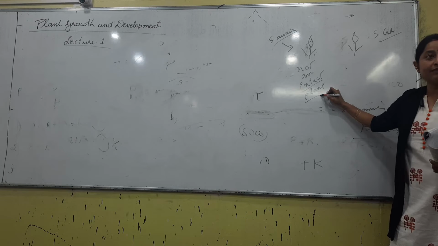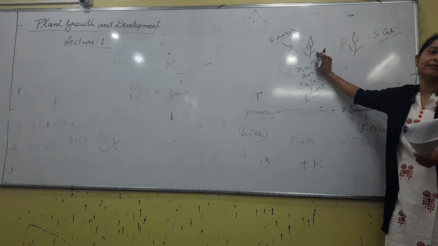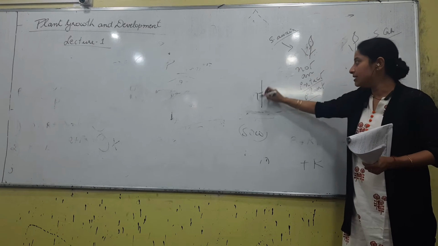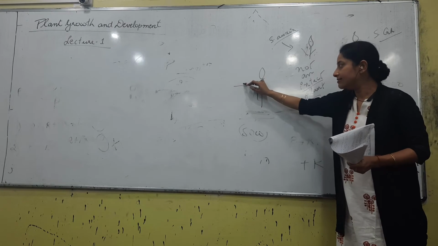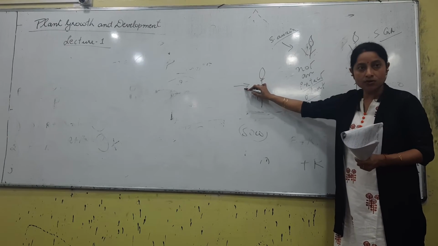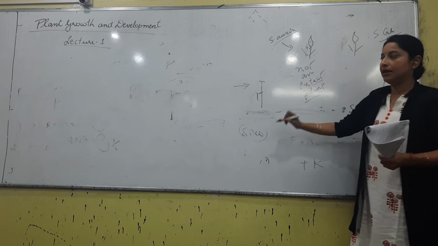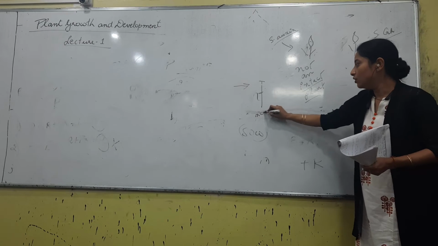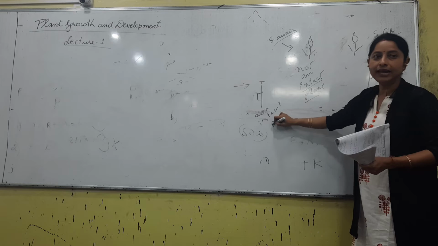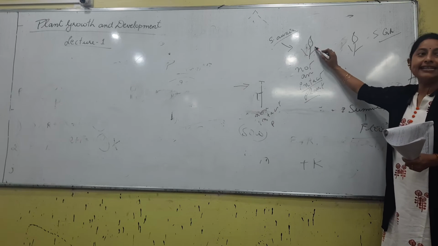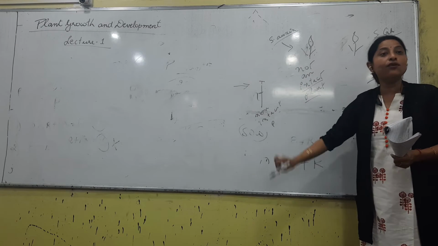Now what is an intact plant? If you don't remove any part, that plant is called an intact plant. If you are talking about auxin, it is maximum in the tip. So if you want to apply some type of chemical similar to auxin to this plant, you always have to remove the tip. This is what is called a non-intact plant. If you don't remove the tip, it is an intact plant; if you remove the source of natural auxin, that is a non-intact plant.